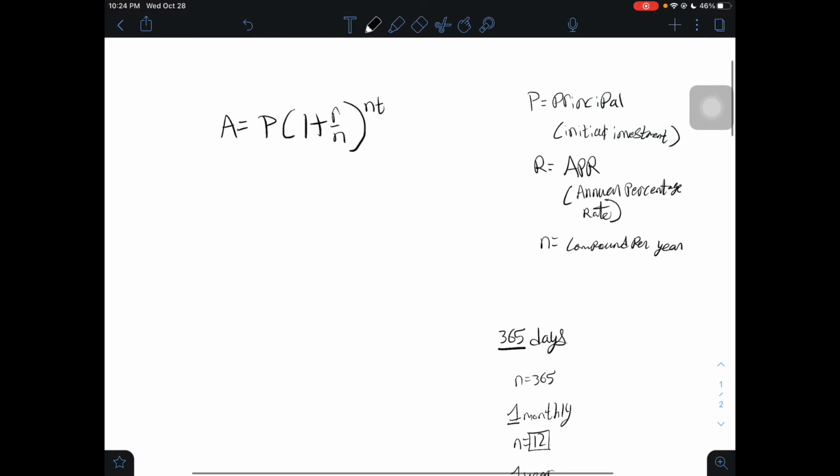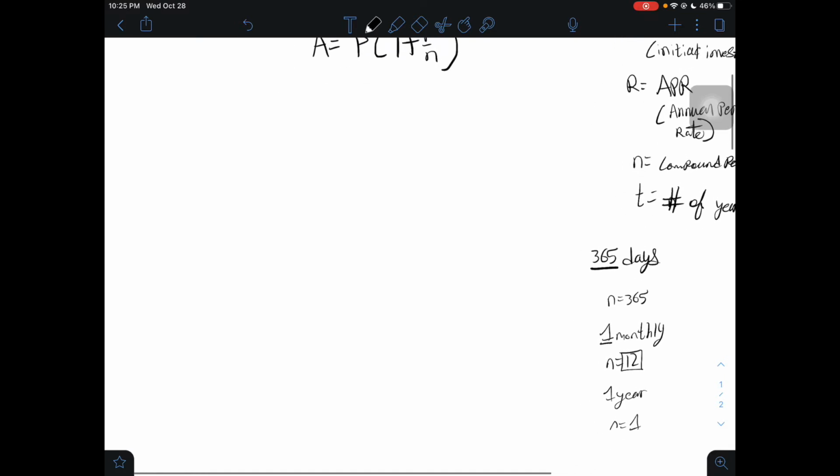Simple, right? Next, we have our last variable, which is T. T is basically the time you're trying to calculate, and it'll usually be in number of years.